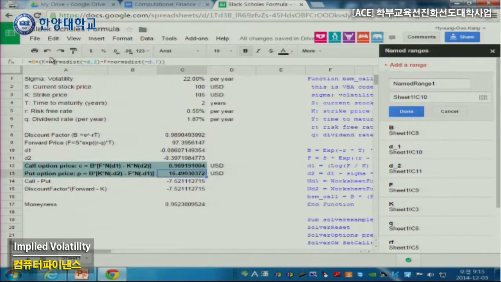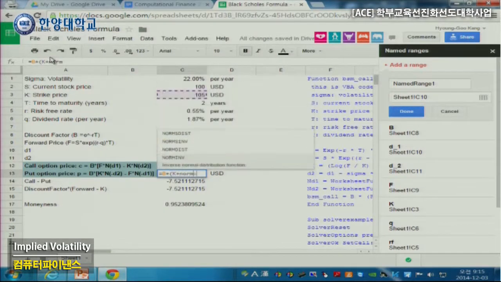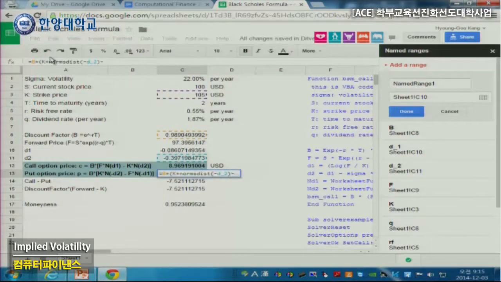Right, this is the call option price, and the put option price is B multiplied by K times the normal distribution N(minus d2), minus F times the normal distribution N(minus d1).